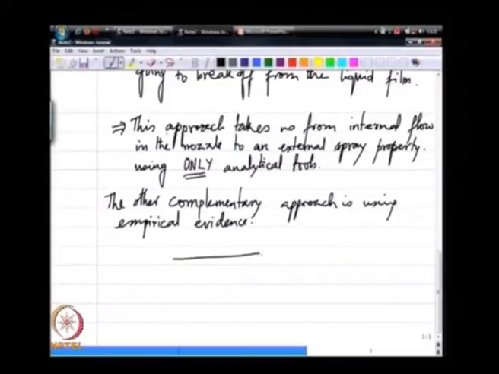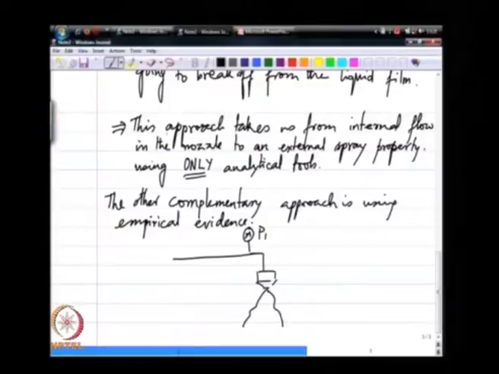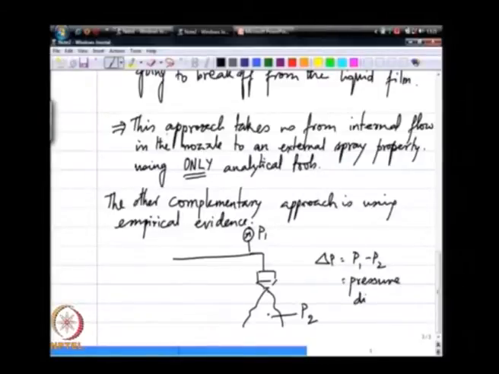I have, let us say, a fluid line in which I am able to monitor the pressure. I will call this P1, and this fluid is coming into some sort of a spray nozzle that is creating this spray, and let us say the pressure here is P2. So, delta P, P1 minus P2, is the pressure differential driving this flow.